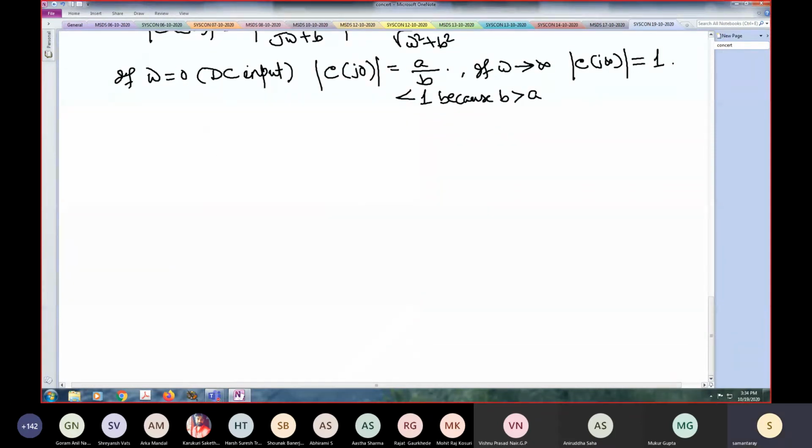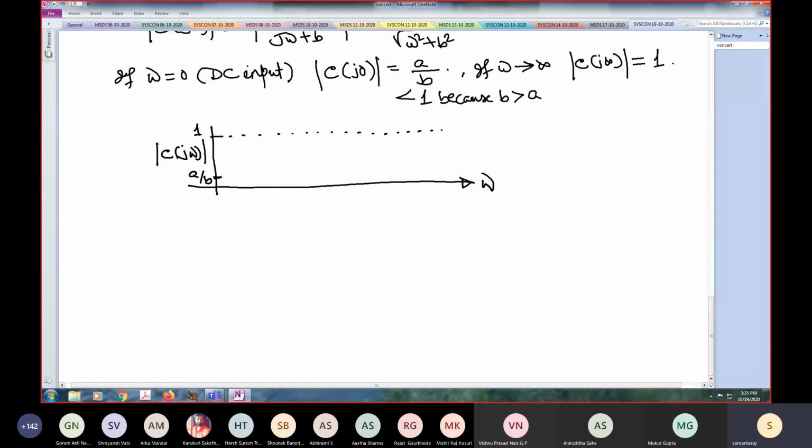So what happens? This is omega, this is magnitude C j omega. So starting value is A by B. Final value is 1. As omega tends to infinity, this is 1. So this will go, you will see something like this.